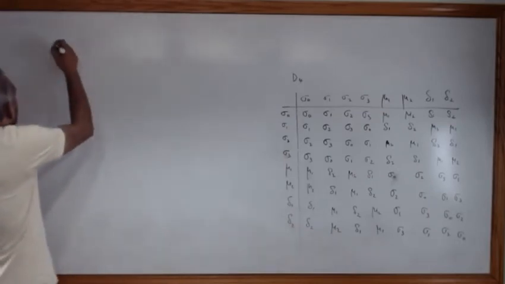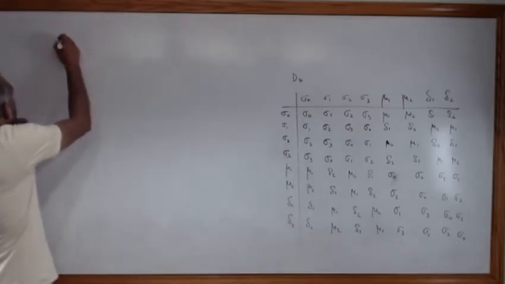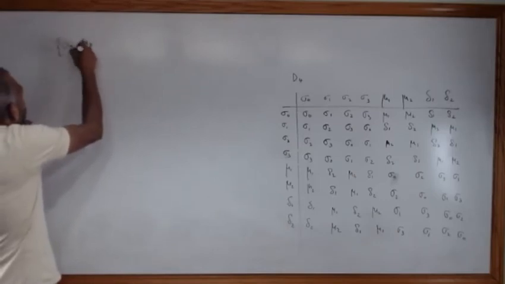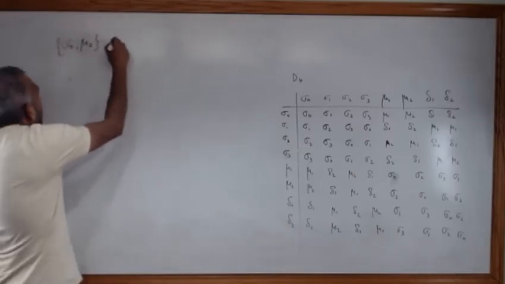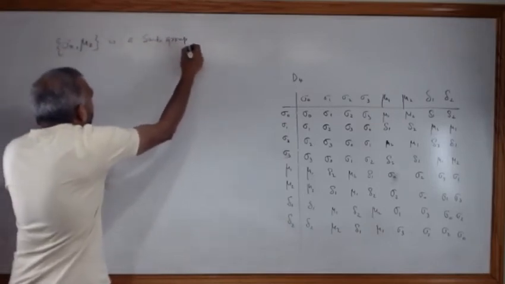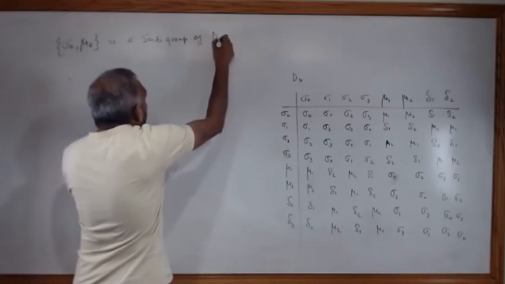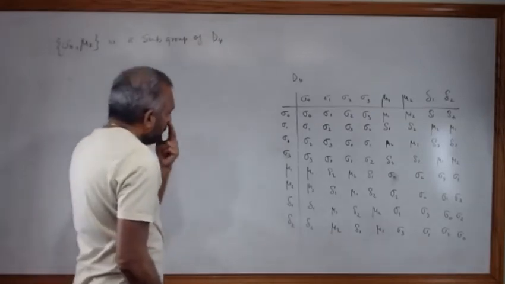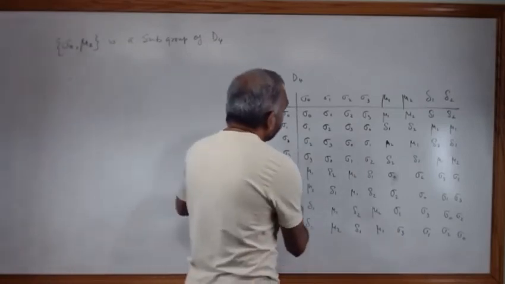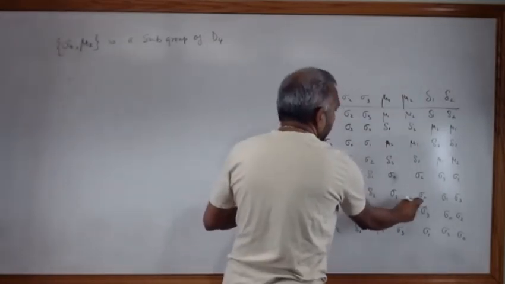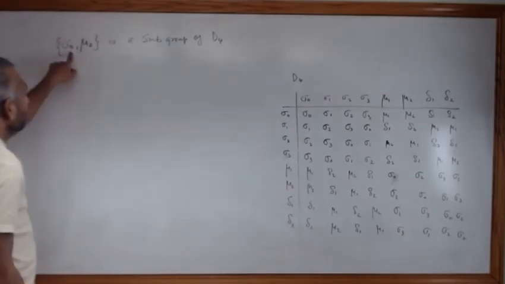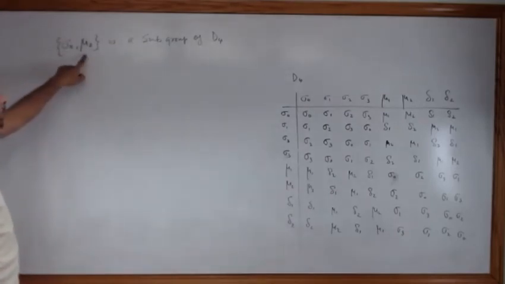So sigma 0, mu 2 is a subgroup of D4 because mu 2 squared, mu 2 times mu 2, is sigma 0, the identity. Sigma 0 is the identity, so this is a subgroup.